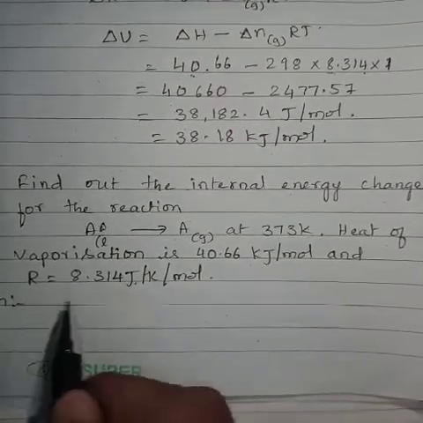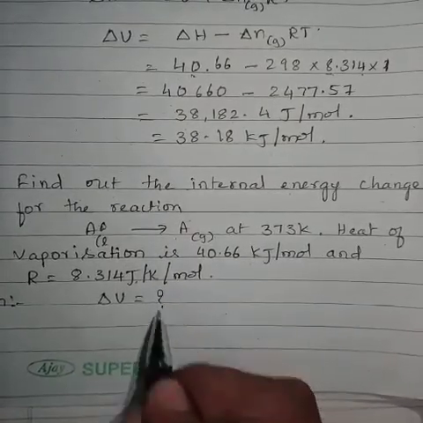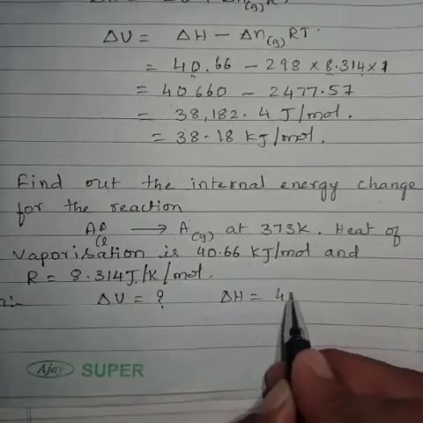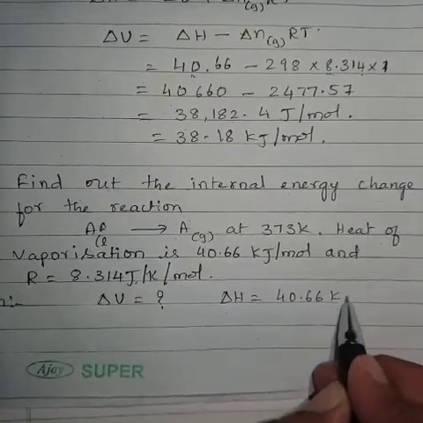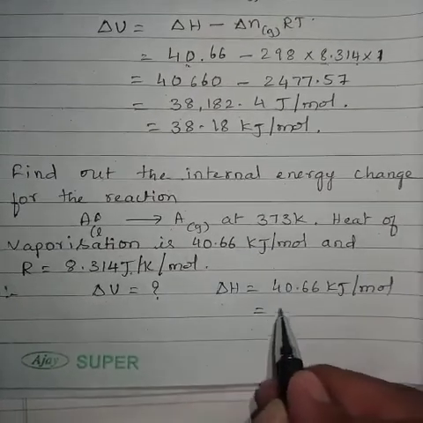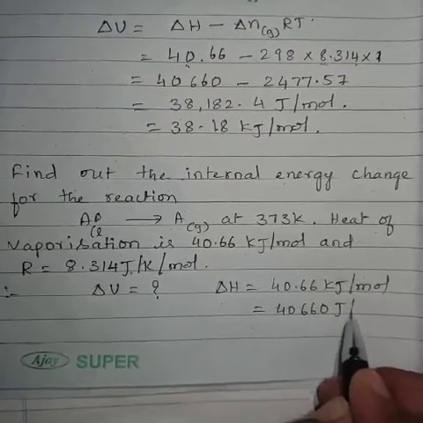Here we have to calculate change in internal energy, that is delta U. Delta H value is given, that is equal to 40.66 kilojoules per mole. We can convert this into joules, that is 40,660 joules per mole.